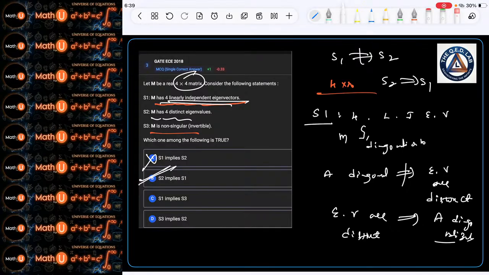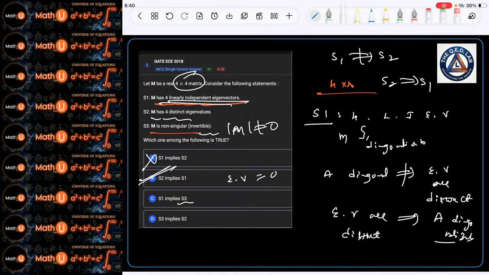S2 implies S1. Now, M is non-singular. Non-singular means determinant of M is not equal to 0. If M has linearly independent eigenvectors, we cannot imply that determinant of A is not equal to 0, because in diagonalizable matrices, an eigenvalue may be 0 also.